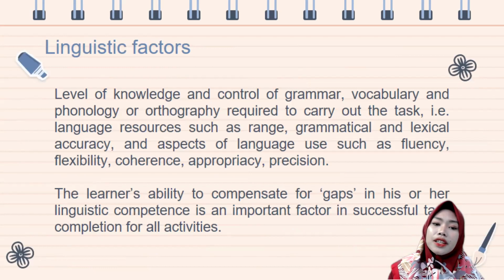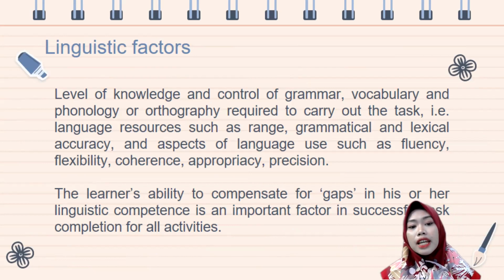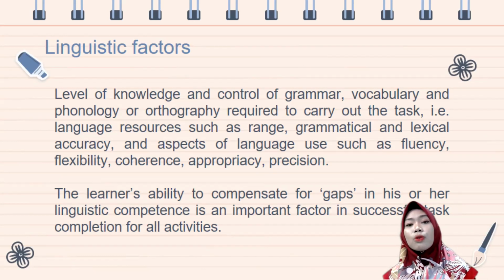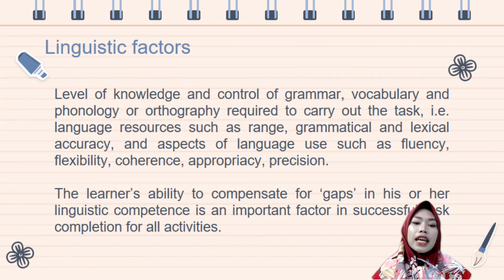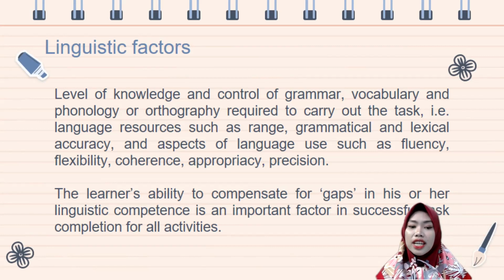The next is linguistic factors. Level of knowledge and control of grammar, vocabulary, and phonology or orthography required to carry out a task. For example, language resources such as range, grammatical and lexical accuracy, and aspects of language use such as fluency, flexibility, coherence, and then appropriacy and precision.